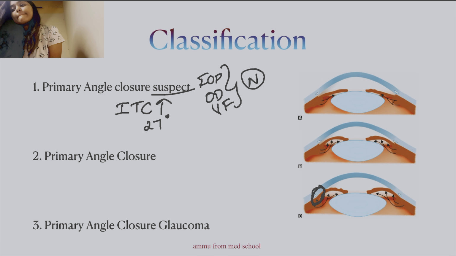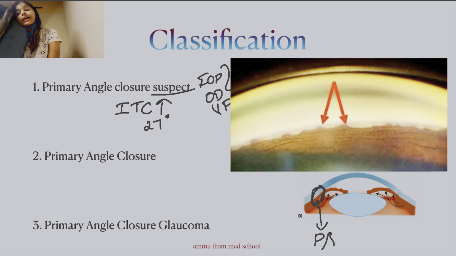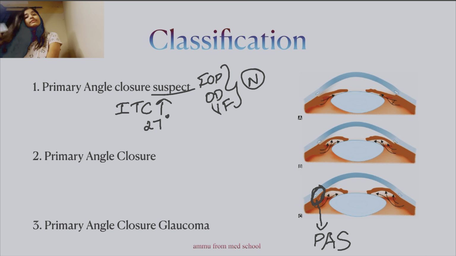Now here, if you see in the corner, adhesions have formed in the periphery of this eye, and so you call it peripheral anterior synechiae. Peripheral because it is in the periphery, anterior because it is in the anterior chamber, and synechiae because it is formed of permanent adhesions.